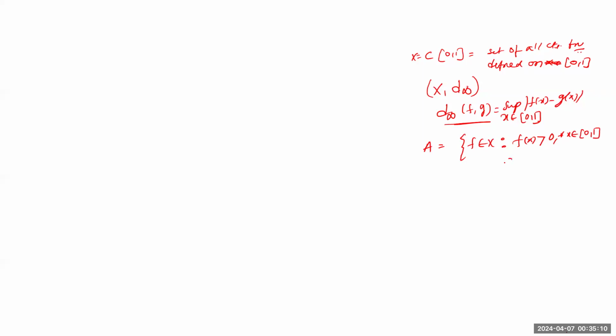So this is clearly a subset of X, because in capital X there are continuous functions, positive, negative, or equal to 0, all types of functions. But my subset consists of all positive functions which are defined on [0, 1] and continuous.